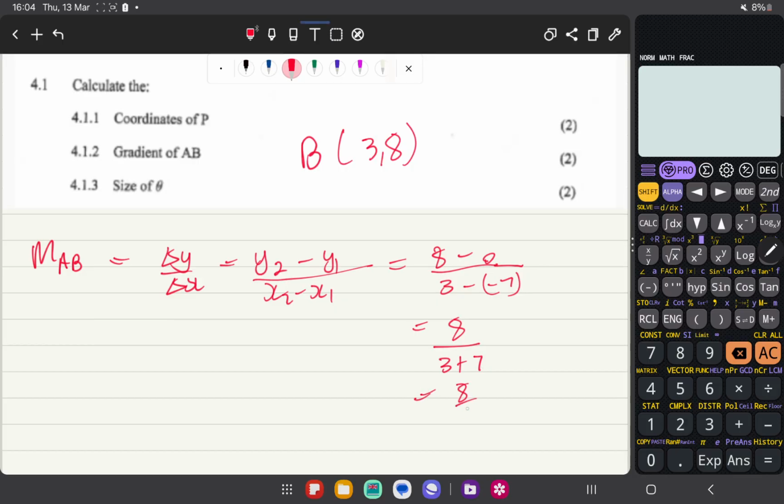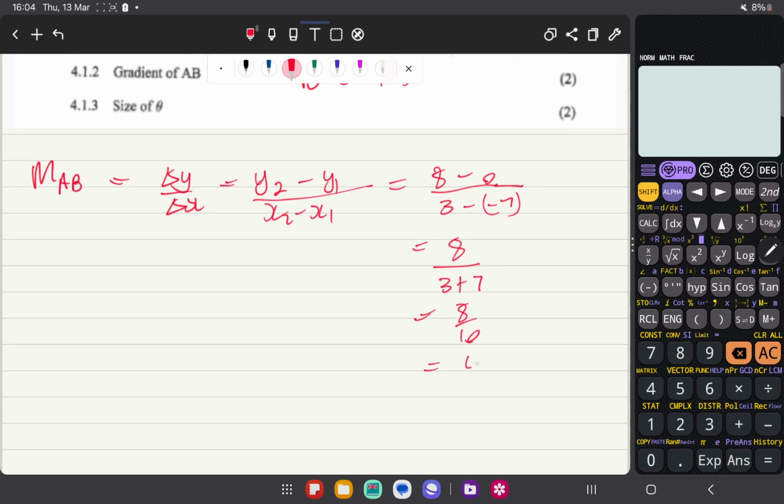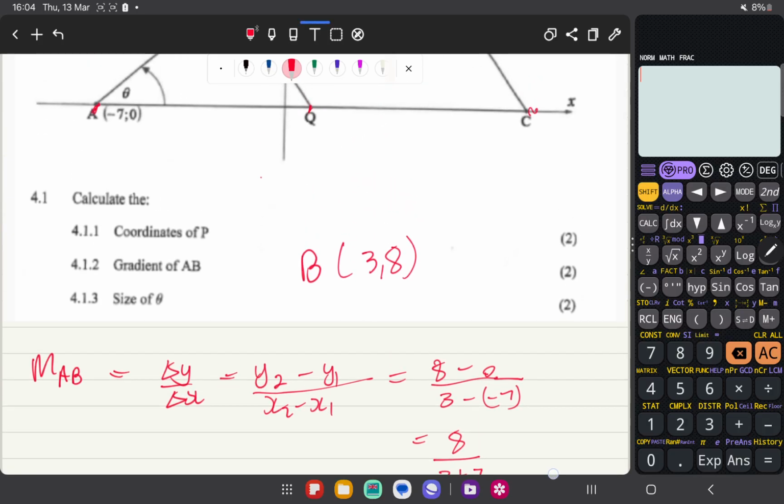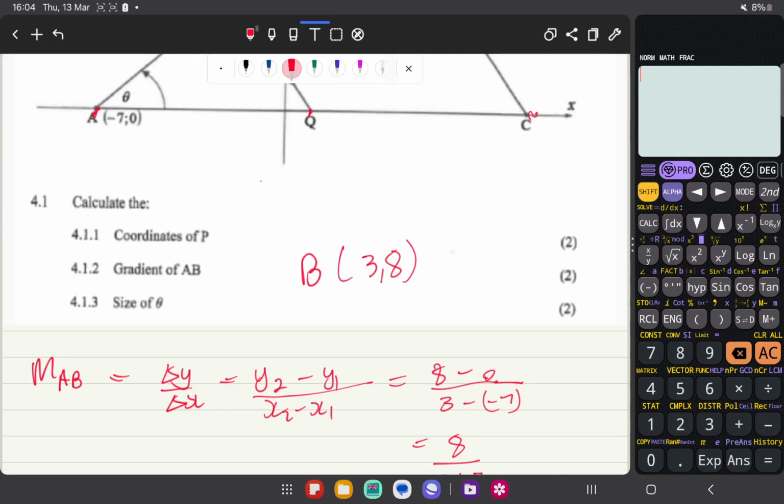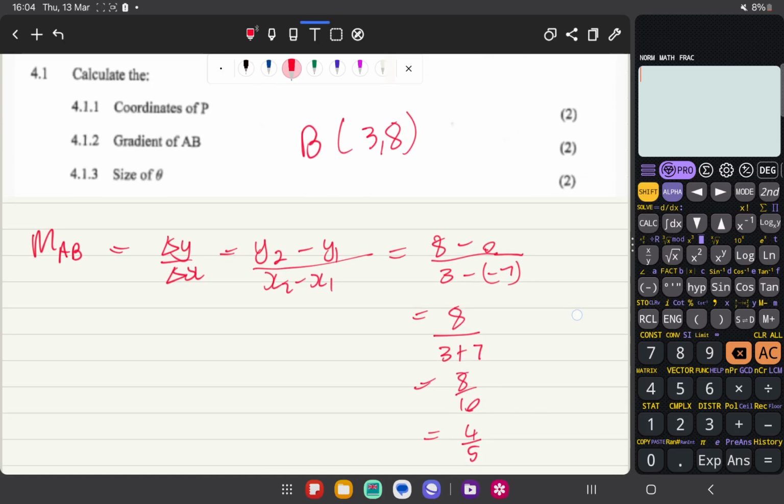That is 8 over 10, and that is 4 over 5. Let me confirm it, it's easy to make mistakes. 8 minus 0, 3 minus minus 7. So cool, we have the gradient of AB.